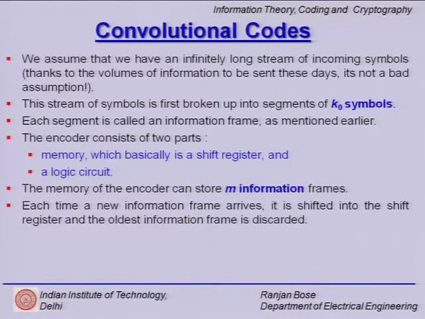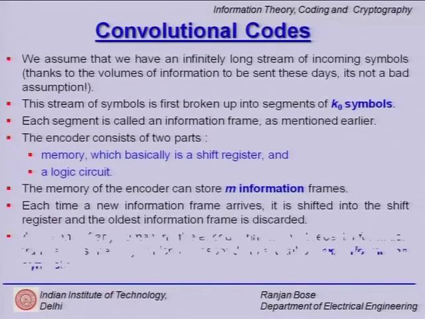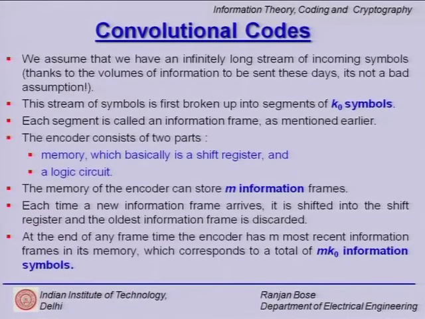So, each time a new information frame arrives, it is shifted into the shift register, but since the size of the shift register is limited, the oldest information frame has to be discarded. Only then will it make room for the new information frame to come in. So, at any time, m times k naught symbols must sit in the shift register, which is the memory.